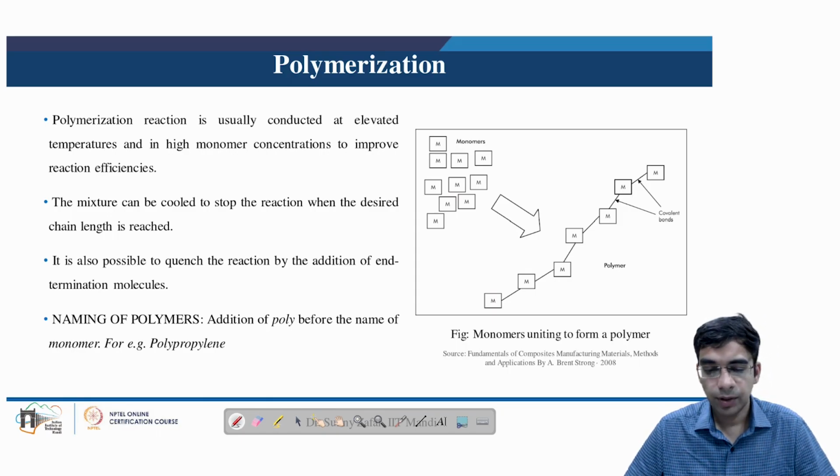And naming of the polymers is done by adding the word poly before the name of the respective monomer, for example, polypropylene. The unique properties these polymers offer are because of the covalent bonding, as shown here, between the repeating units of the monomers, which are highlighted using this block M. So these covalent bonds give special properties to these very long polymeric chains.